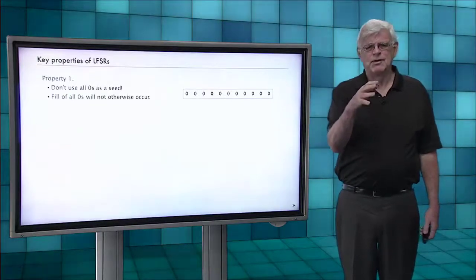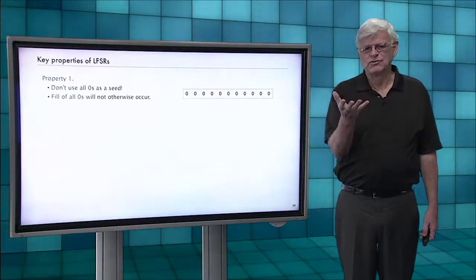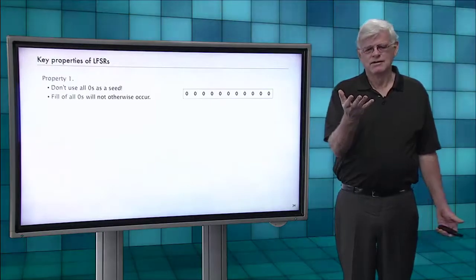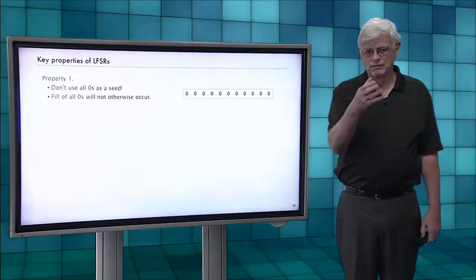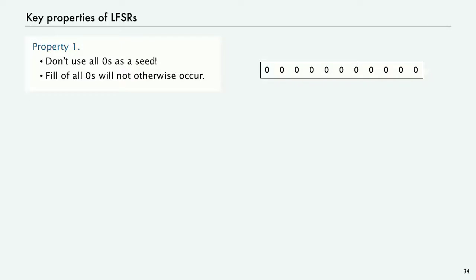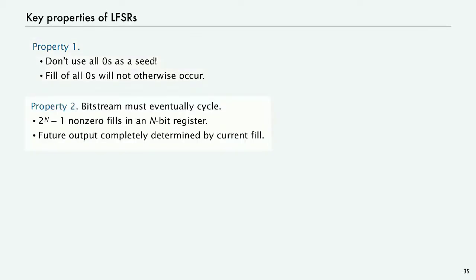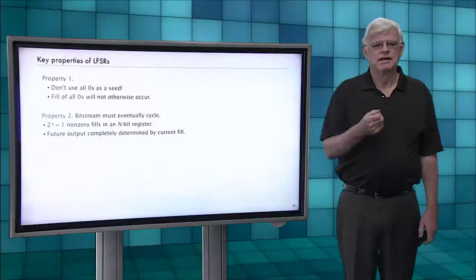First, a basic one: you can't use all zeros as a seed, because two zeros are the same, so the result is 0, and all that does is produce zeros. So no good.